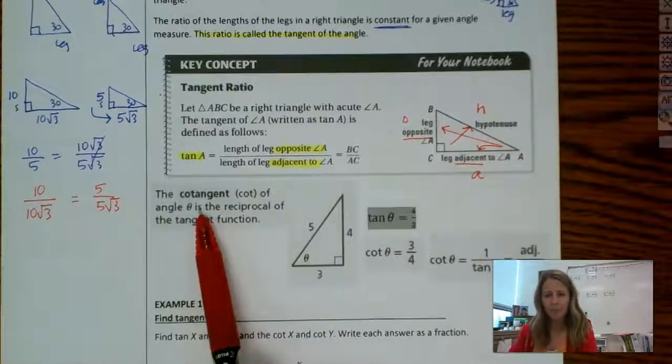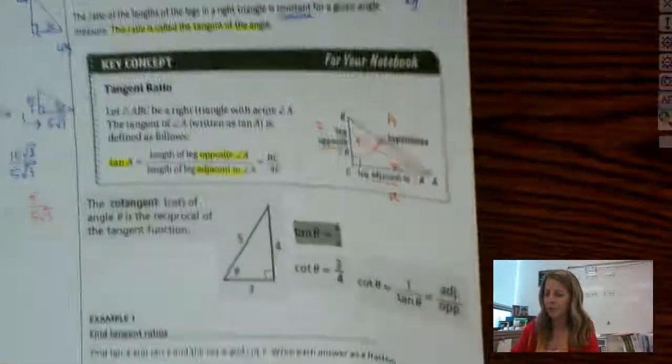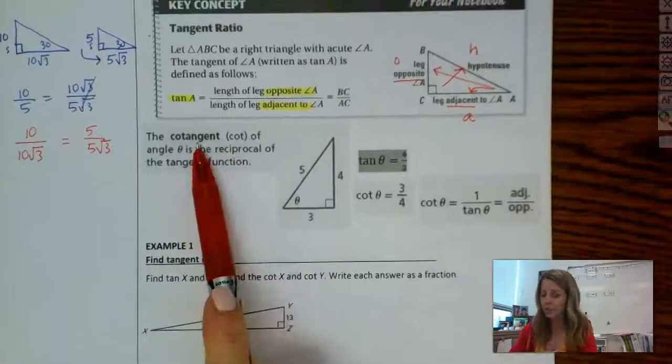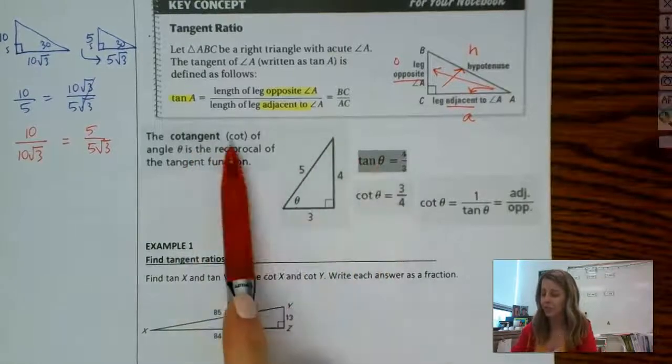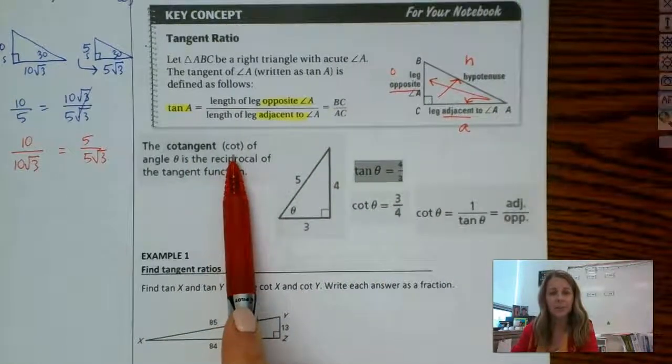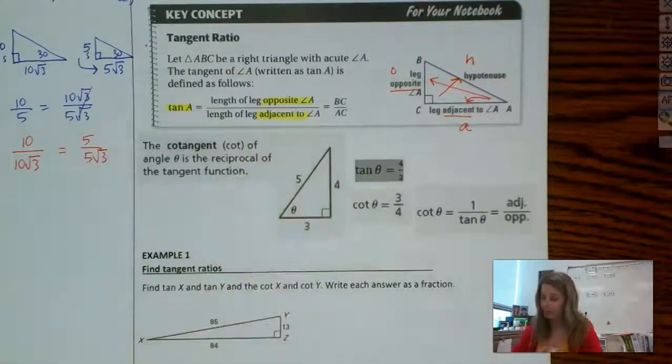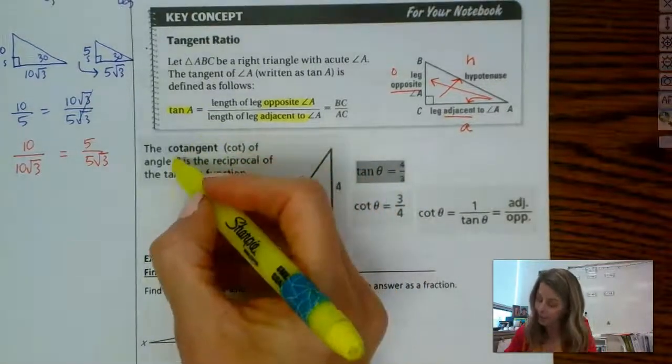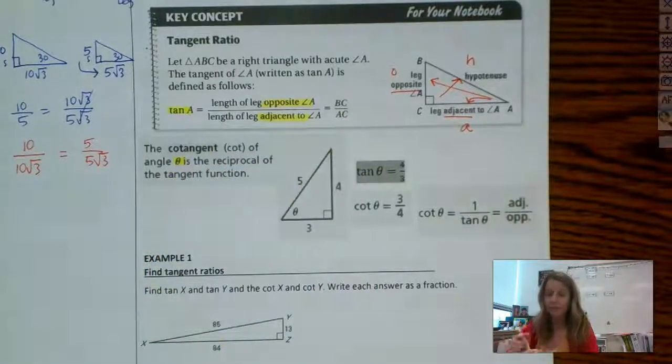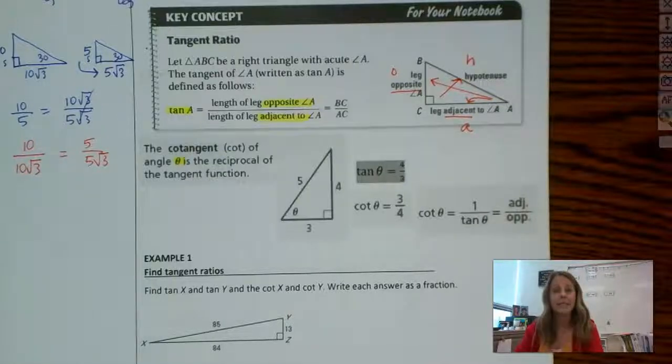I have a couple of things here that I want to skip for now. Cotangent is an extension of tangent. It's abbreviated COT, and it's really the reciprocal. This particular symbol here is called a theta. It's a Greek letter, a very generalized letter to represent an angle, like you would see on the ACT.